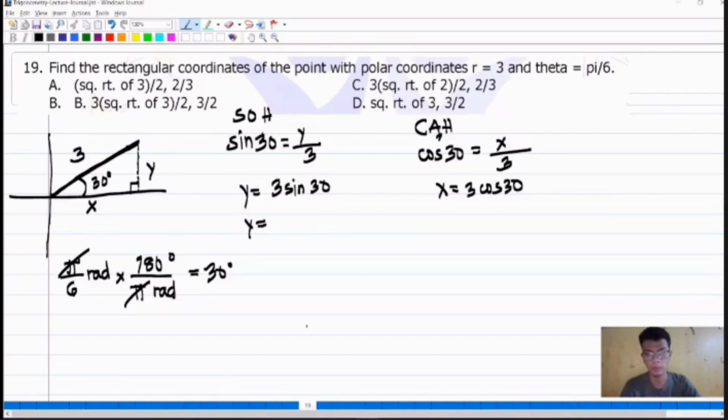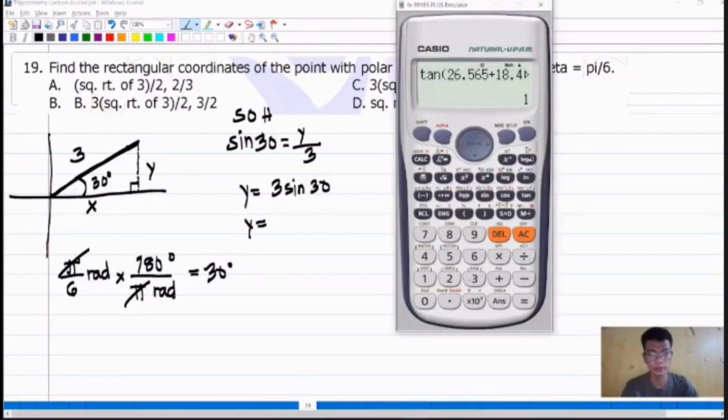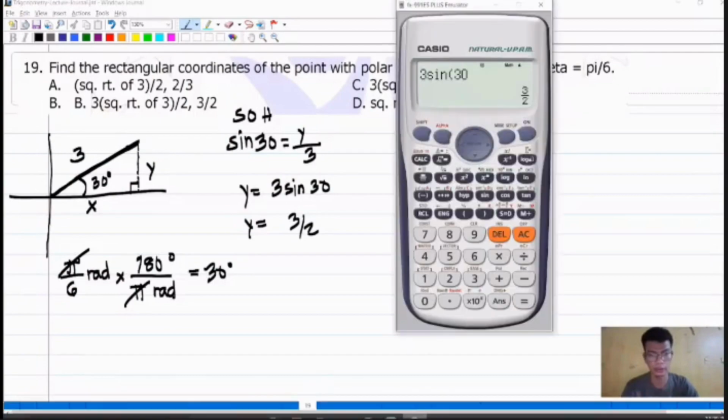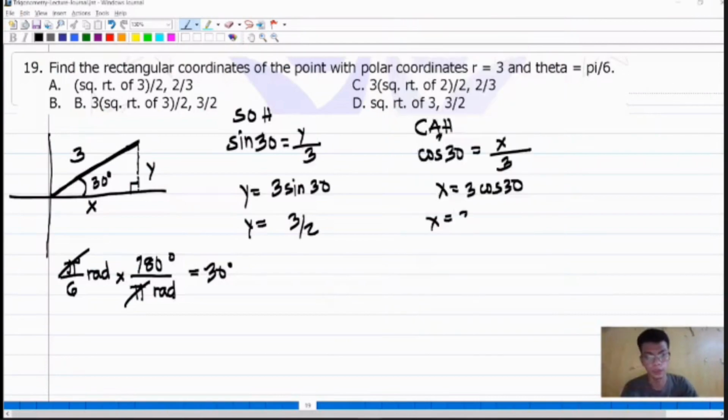The value of y is 3 sine 30, which is 3 halves, and the value of x is 3 cosine 30, which is 3 square root of 3 over 2.